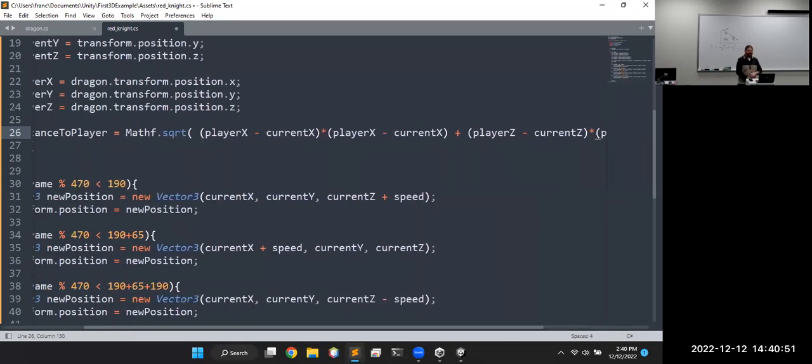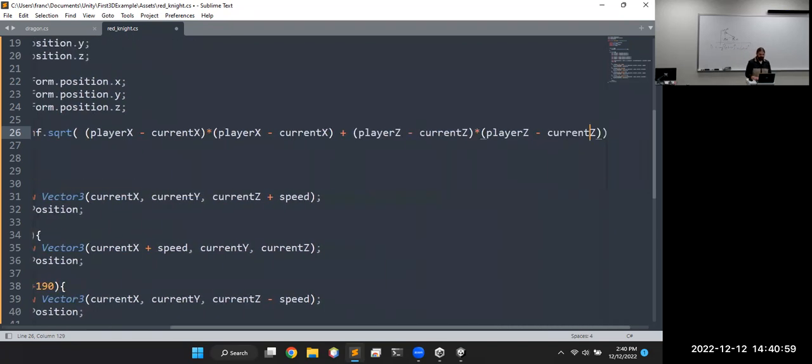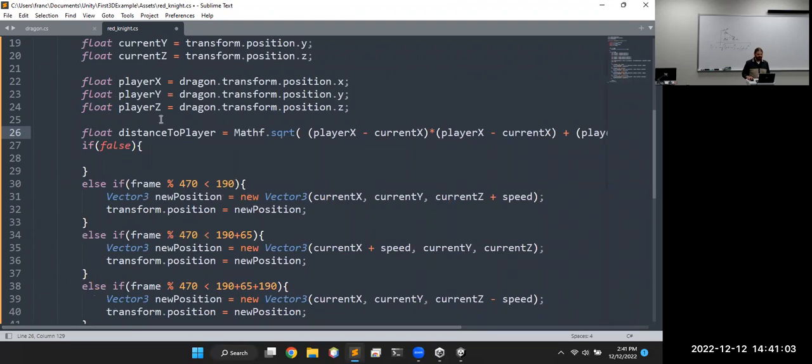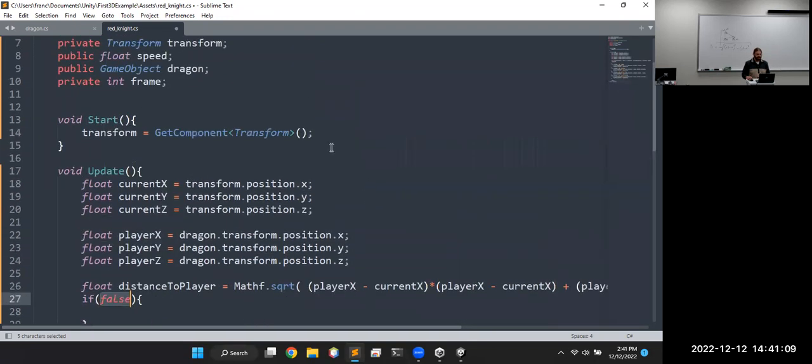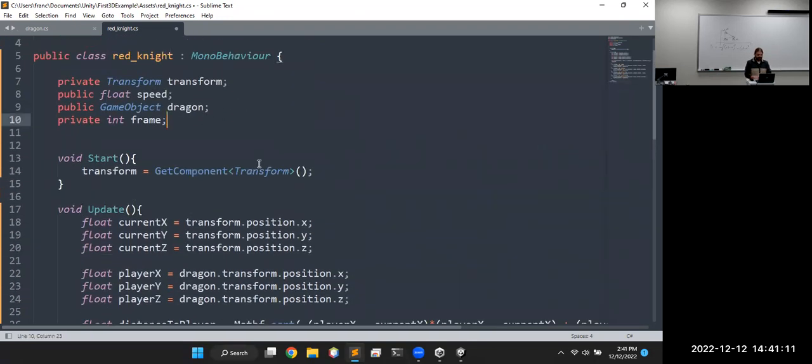So that gives us a distance where we can check at what point we should be chasing the character. Or that tells us how close we are to that. And then we can use that to see if we're within a certain threshold. Or what that threshold is going to be.